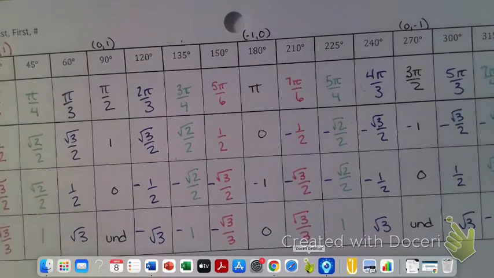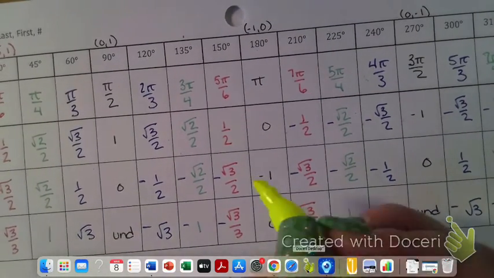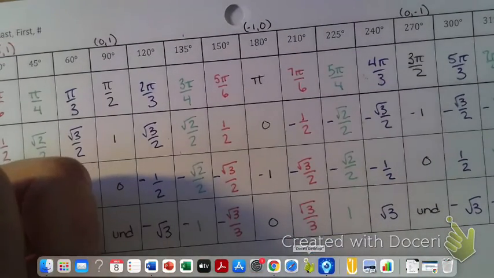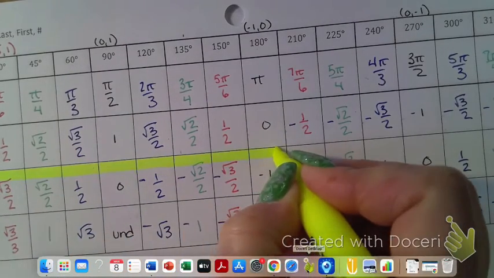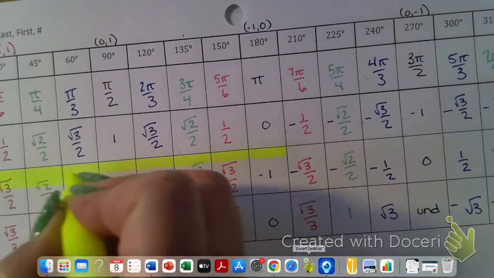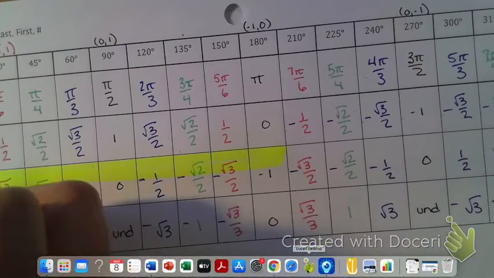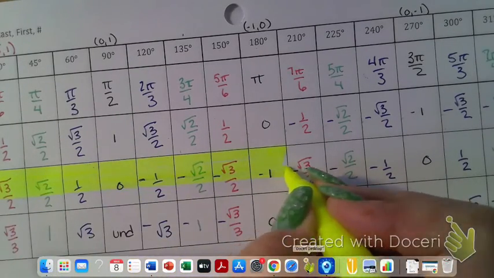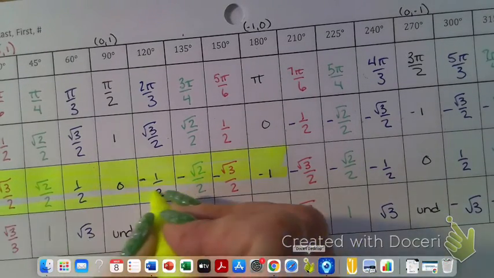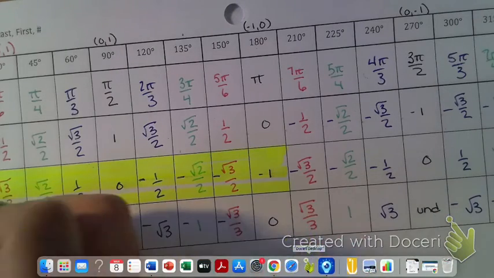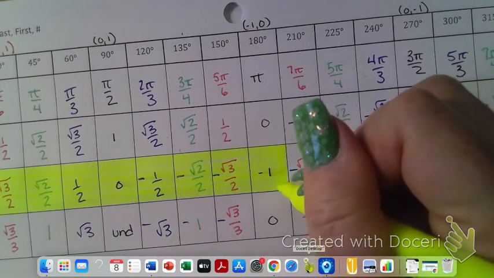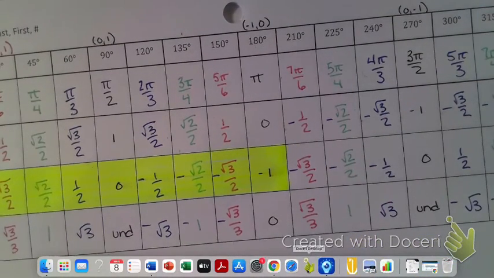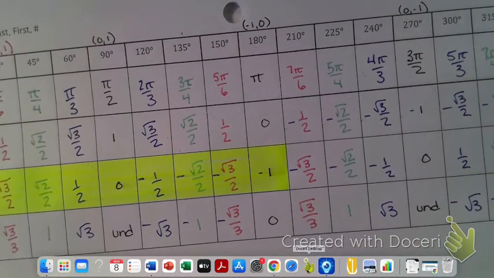First and second. The first two quadrants, from 0 to pi. Okay, we restricted cosine from 0 to pi.